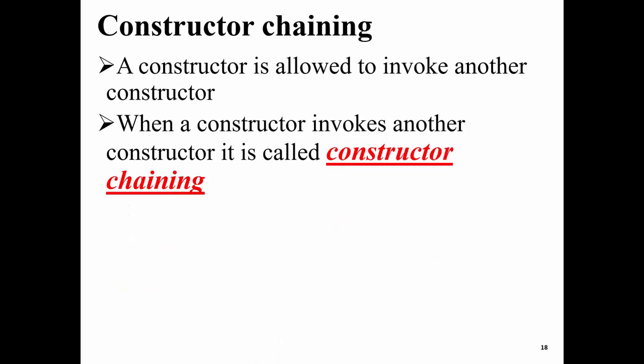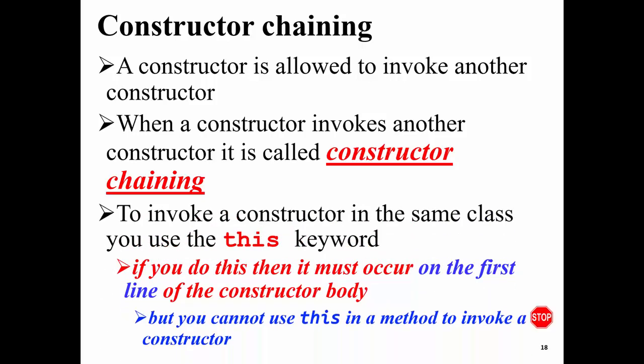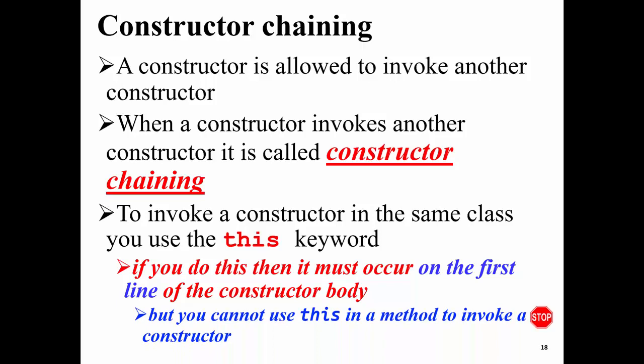A constructor chain is a very powerful style of programming where you make sure that only one method is responsible for creating the object and any other constructor calls this constructor. So you have one main constructor and other constructors calling it. This is very important. If you decide to use a constructor chain and you use the this keyword, this should be the first line.